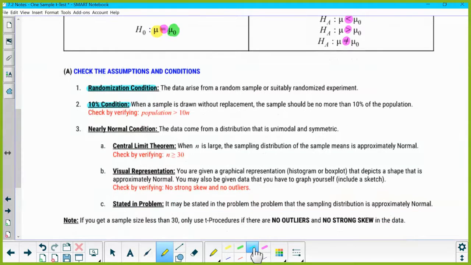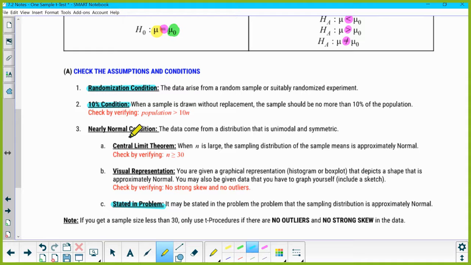Then we have our nearly normal condition, and this is the one where you have many options for how you can satisfy it. First, and most ideal, it was stated in the problem, meaning they told you it follows a normal distribution. That's usually great because you can just say approximately normal, stated in problem.